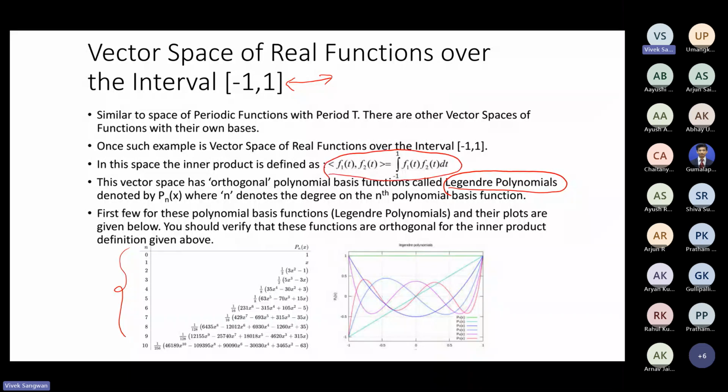Now, for a space to be a vector space, there is a list of properties it needs to satisfy. For an inner product to qualify as an inner product, it has to satisfy certain properties. We are not going into those details. Those are available in textbooks and are usually taught in a linear algebra or mathematics course. This was just an overview.